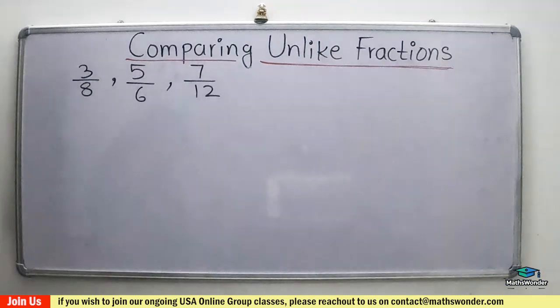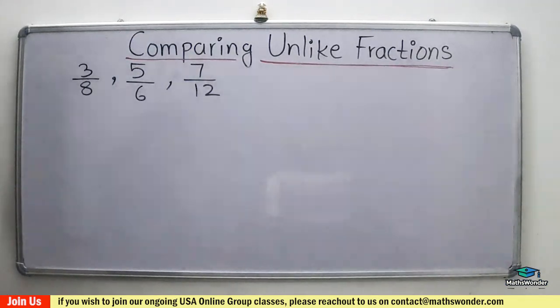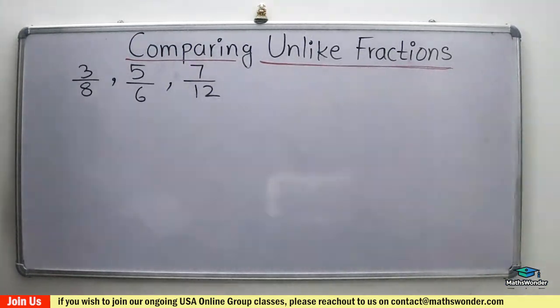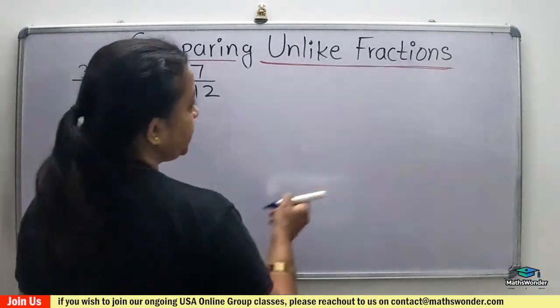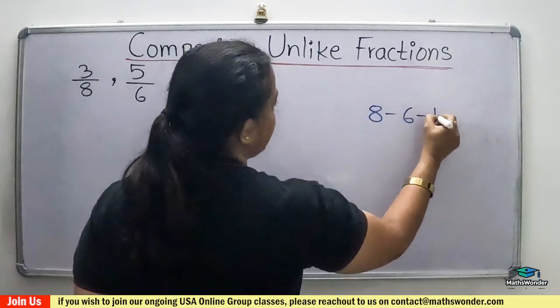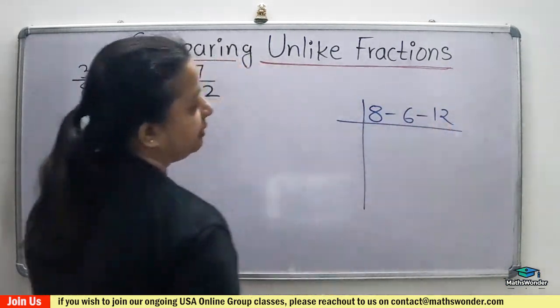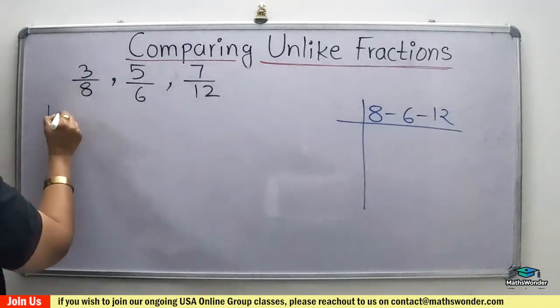3/8, 5/6 and 7/12. Now you have to arrange them in ascending or increasing order. Okay. Now we'll arrange it in ascending order. So what is the process? To compare more than two fractions, first find the LCM of all the denominators given in the fractions. So first we will find the LCM of 8, 6 and 12.